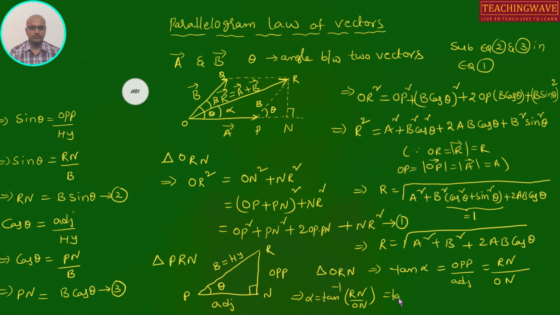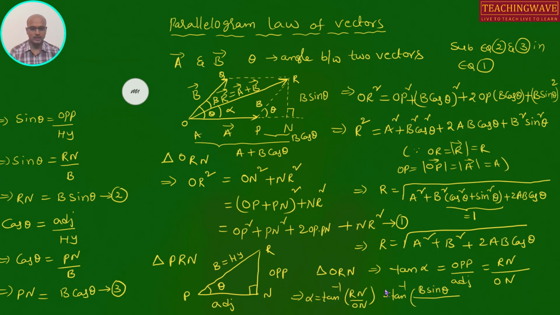Here RN is nothing but B sin theta. ON we can write as OP plus PN, that is A plus B cos theta, because RN is B sin theta, PN is B cos theta, and OP is A. So ON is A plus B cos theta.